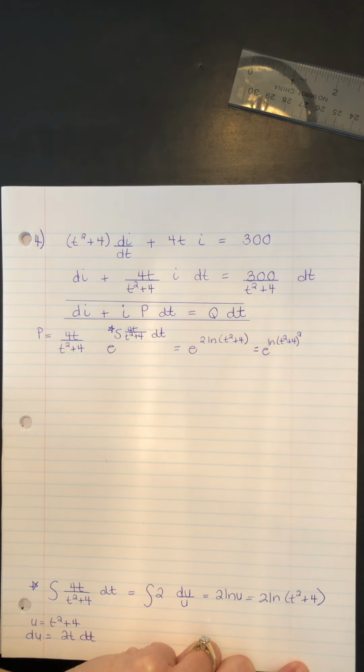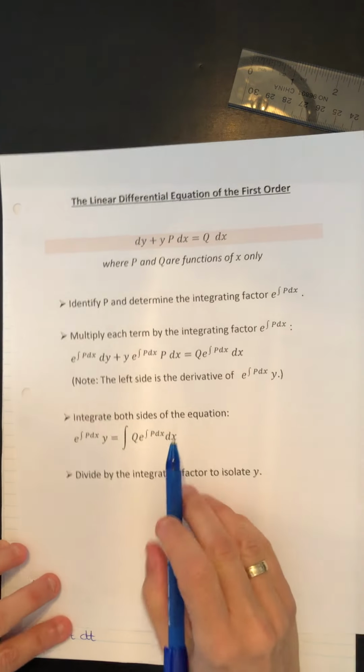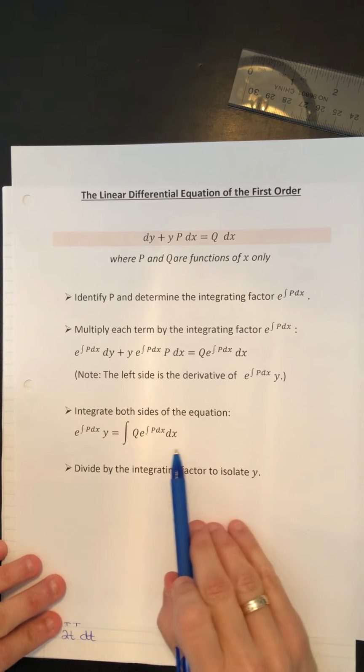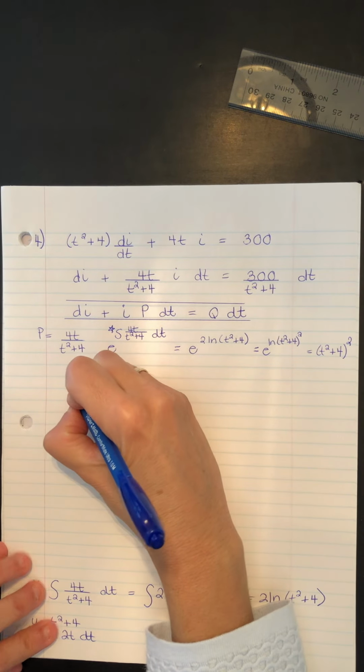Okay, so 2 is now the exponent there, and then the integrating factor is (t squared plus 4) all squared. All right, so if you want, I can even write this equation replacing x and y, and it would look like this, okay?